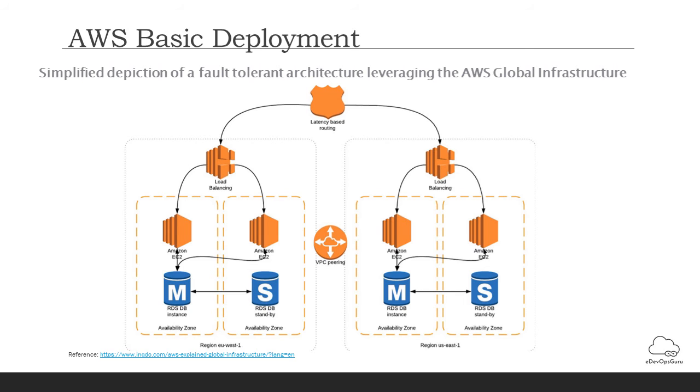And based upon the master-slave configuration, if the master goes down, then the standby takes up the position of master and starts serving the EC2 for database requests.